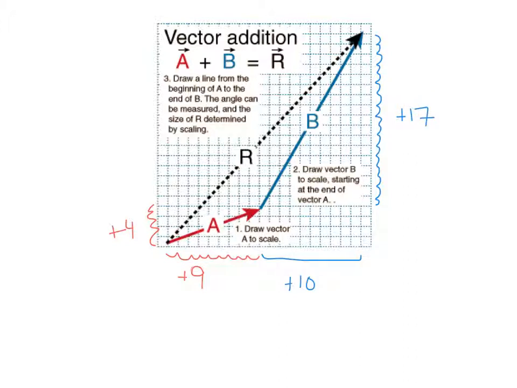So 17 units up. Well, what is the resultant vector as a result here? R. If you look at R, it's just this 9 plus 10, right? 9 plus 10 is really 19. And if you count how many boxes over, R is 19 units to the right. Okay, 19 units over to the right. And then 4 plus 17 over here gives us 21 units up.